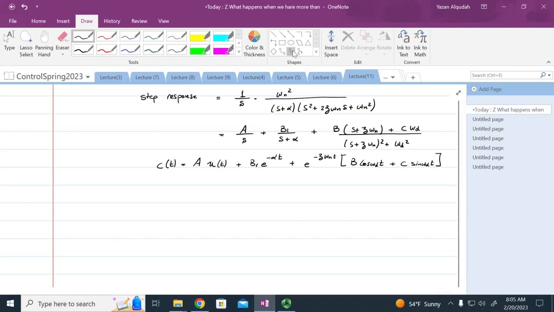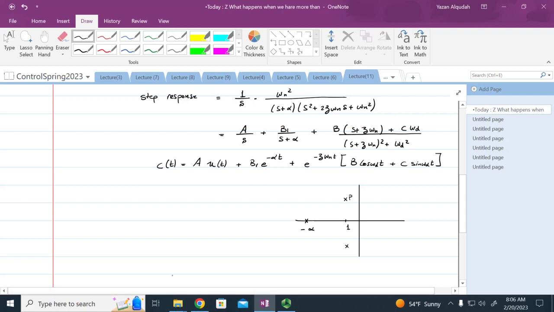To see what the response of this system would look like, we're going to run some MATLAB and see what happens if we have the poles of the second order system with a real part that is at 1. So we're going to normalize this so that the second order system poles are at 1. And we're going to add the extra pole at negative alpha. Does that make sense?